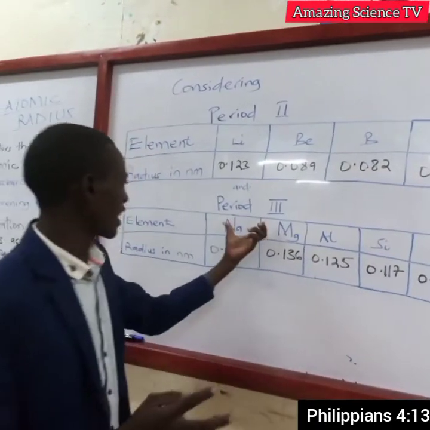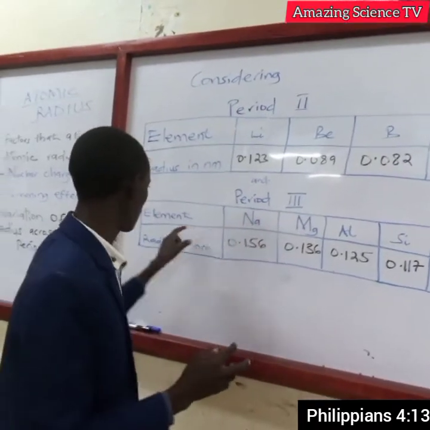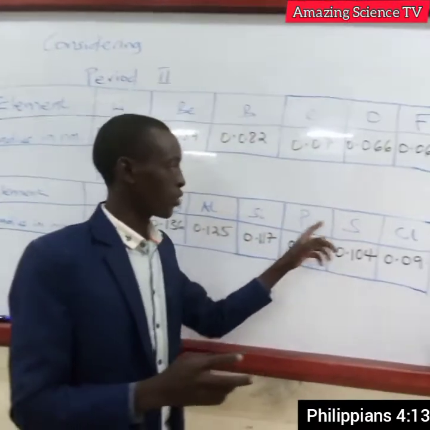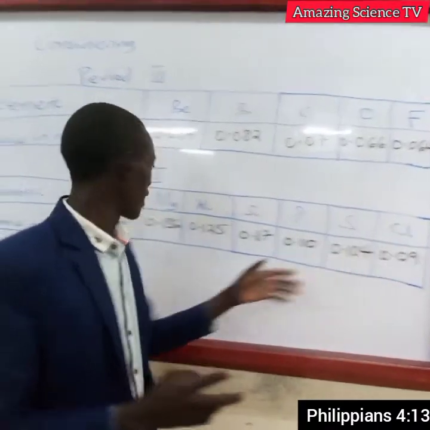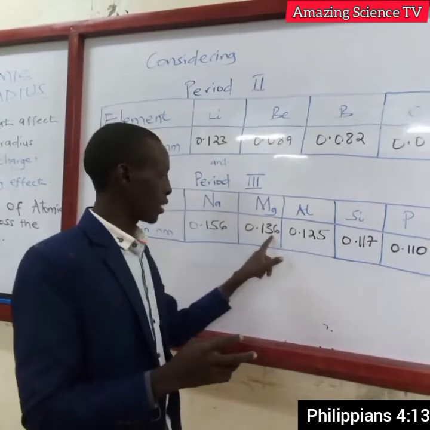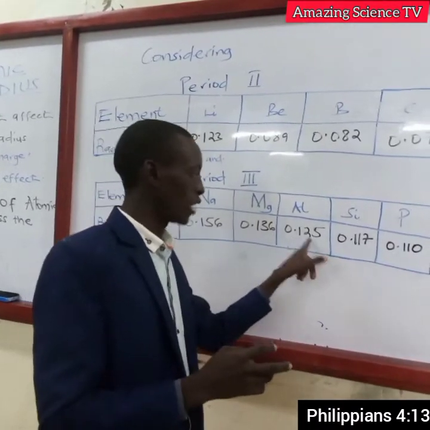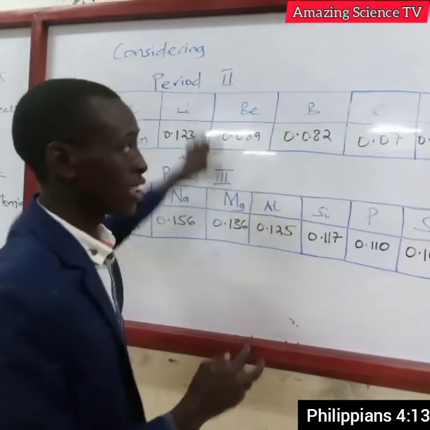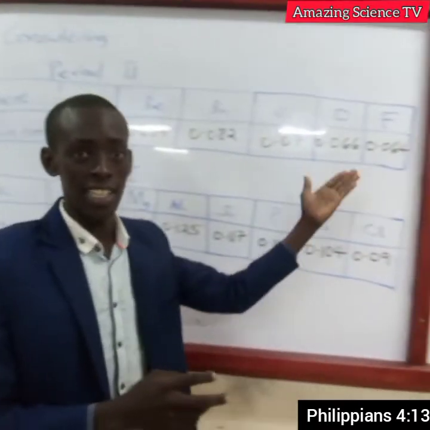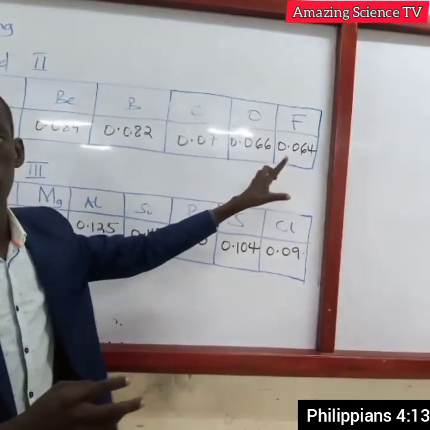Also taking period 3, we see the same trend. We have sodium, magnesium, aluminium, silicon, phosphorus, sulfur, and chlorine. So we see the same trend. We have 0.156, we have 0.136, we have 0.125. So with checking the two periods, we see that atomic radius goes on decreasing across the period.